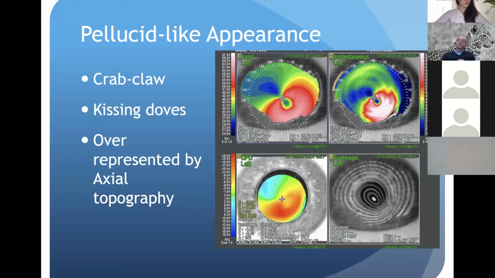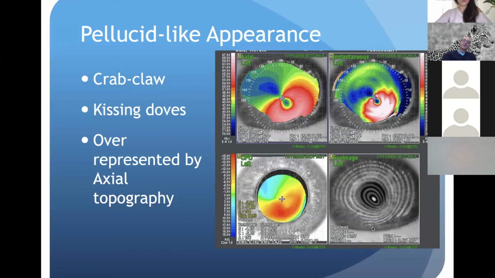Whereas in pellucid marginal degeneration, it's almost always pretty close to the 90-degree axis. So I wouldn't jump to the conclusion that this patient has pellucid marginal degeneration.